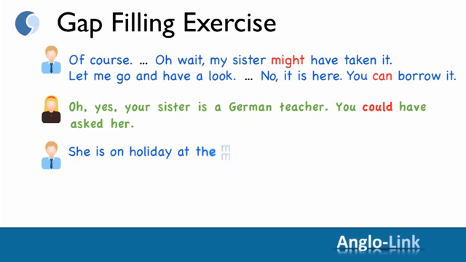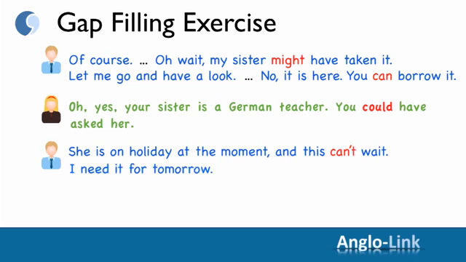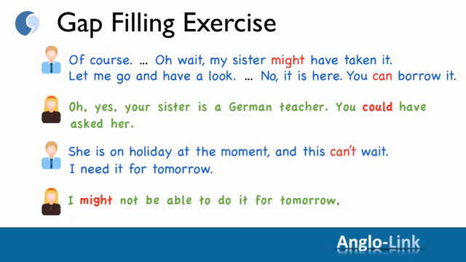She's on holiday at the moment, and this, wait. This can't wait. I need it for tomorrow. I not be able to do it for tomorrow. I might not be able to do it for tomorrow.